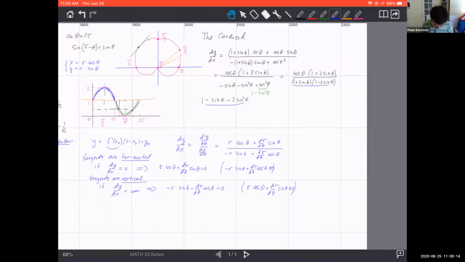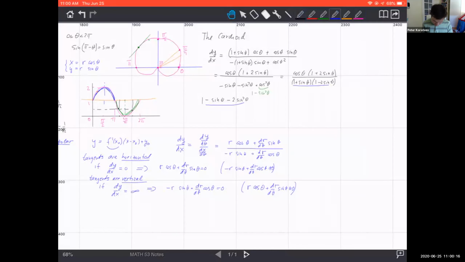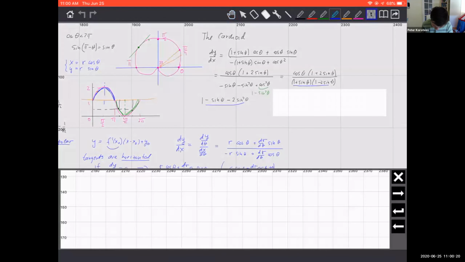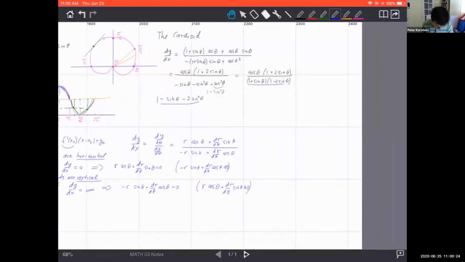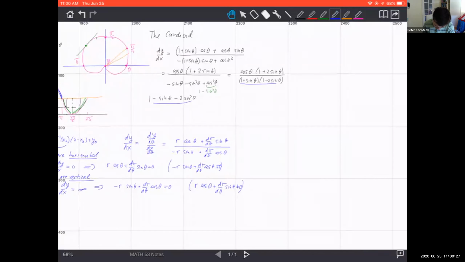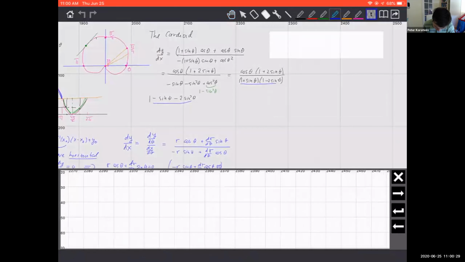So that's the value of the derivative. We'll keep the picture and then the answer. Let's find the places where it vanishes. So dy over dx is equal to 0 at which values of theta?